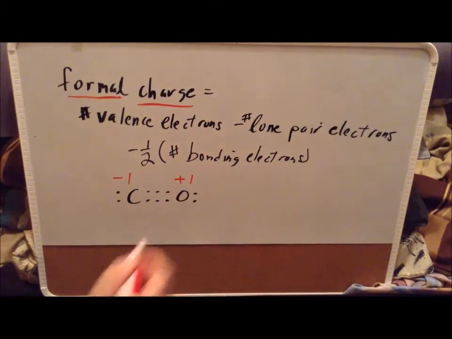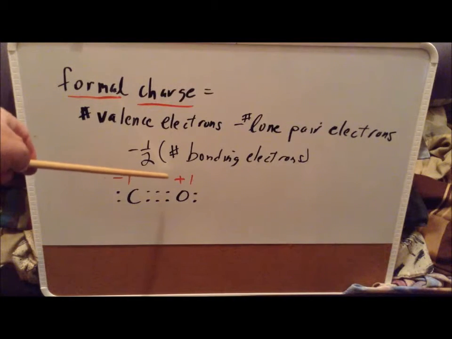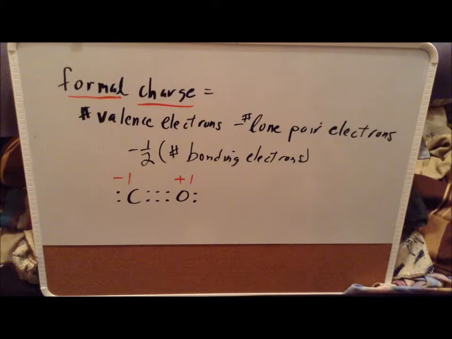Now right away, we notice something very peculiar in that we have a negative formal charge on carbon, which is not a very electronegative element, and we have a formal charge of plus 1 on oxygen, which is the second most electronegative element. So we might conclude that this is an inaccurate or invalid Lewis structure, and we'd be wrong, because it turns out, for reasons which are beyond the scope of a freshman course in chemistry, this is the actual structure.